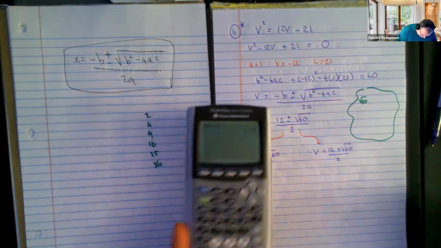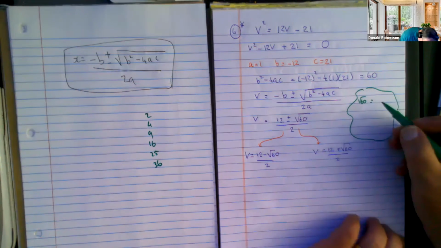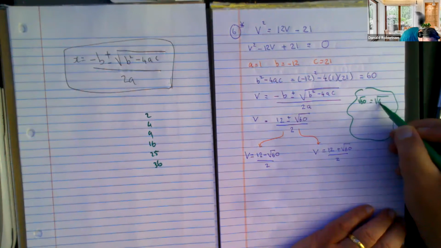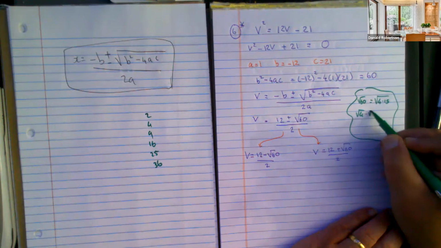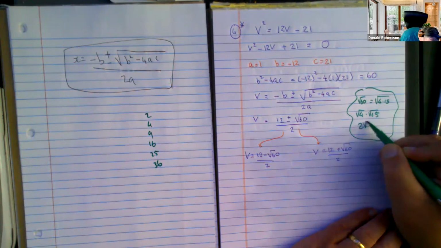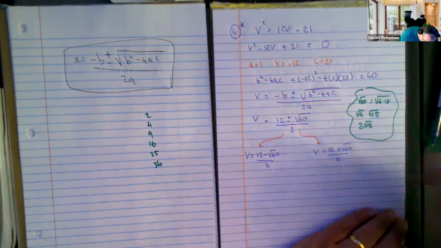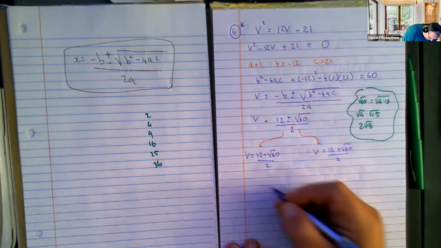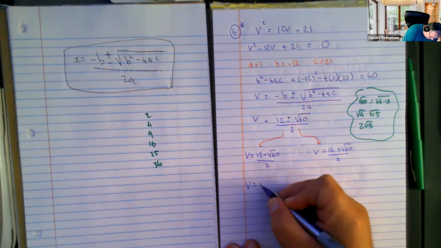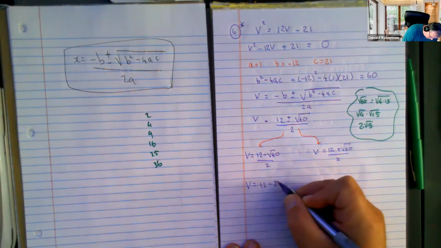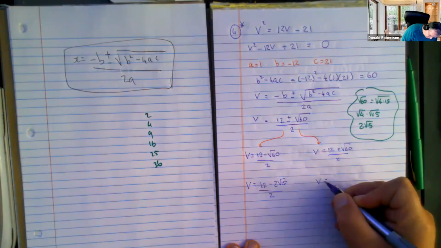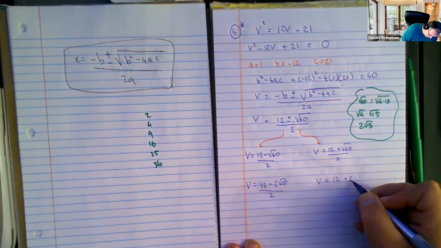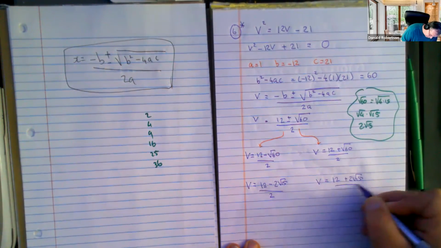Okay, then looks like all I'm going to get is 4 times 15, which becomes the square root of 4 times the square root of 15. So 2 square roots of 15. So this guy is 12 take away 2 square root of 15s. And this guy is going to be 12 add 2 square root of 15s over 2.